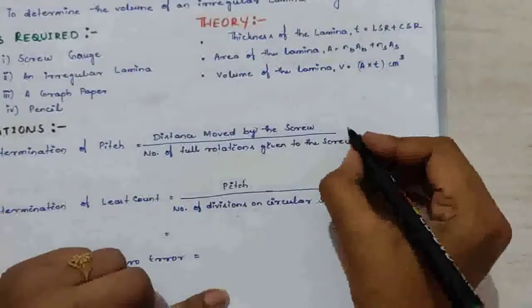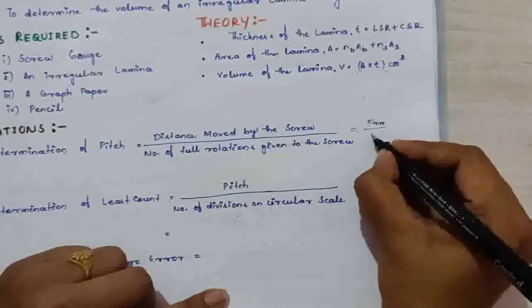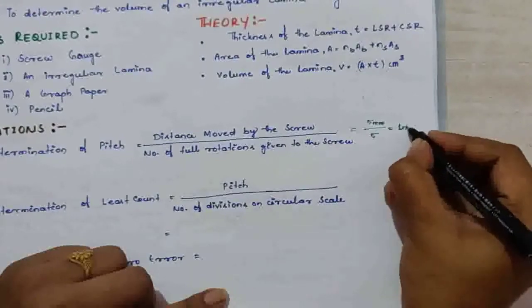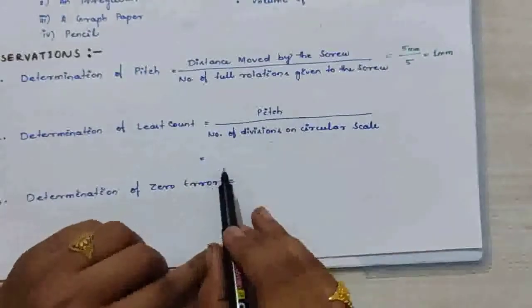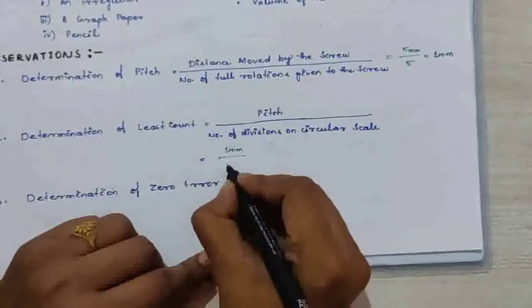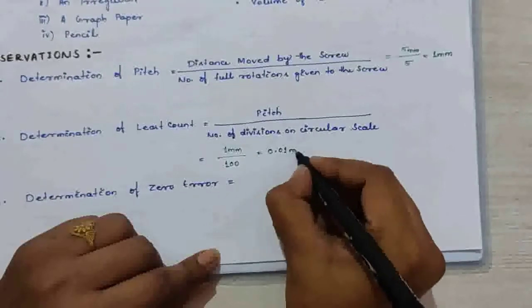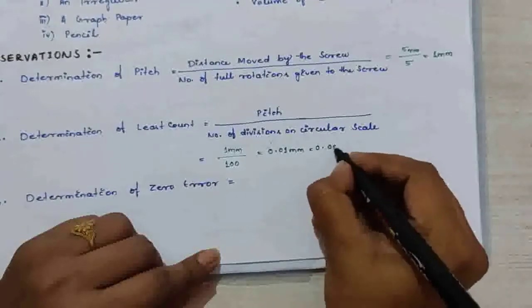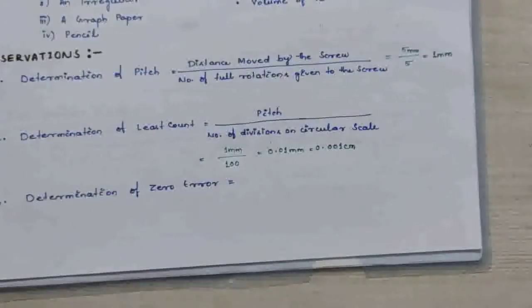Okay, similarly we can write the pitch as equal to 5 millimeter divided by 5 divisions, that is coming as 1 millimeter, and least count will be pitch divided by the number of divisions on the circular scale, so that is 1 millimeter divided by 100, that is equal to 0.01 millimeter or 0.001 centimeter.